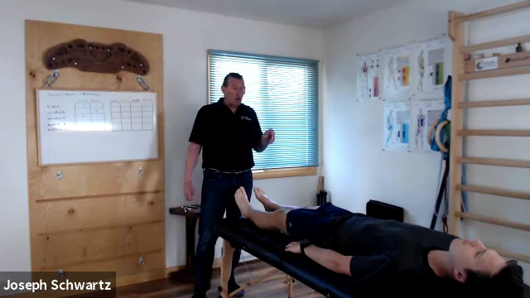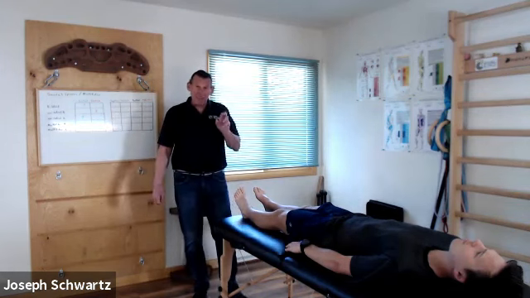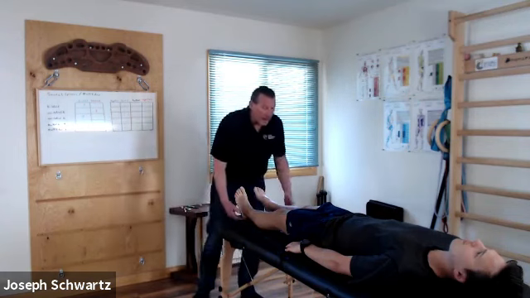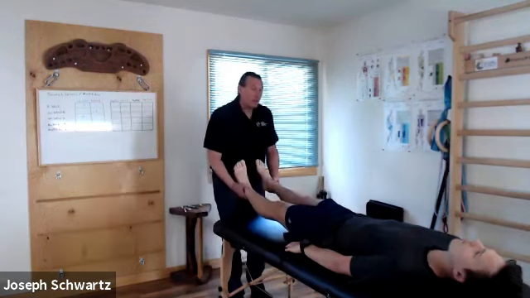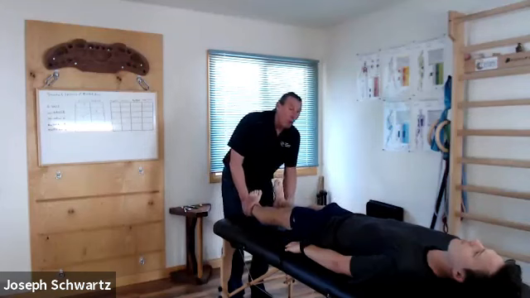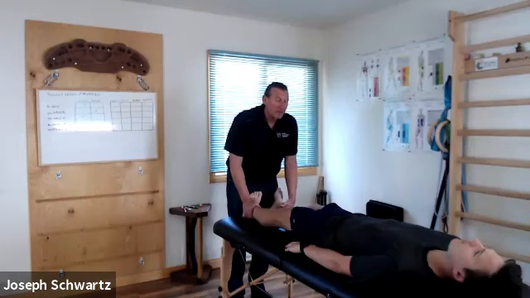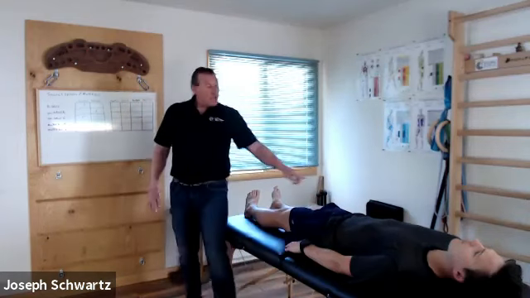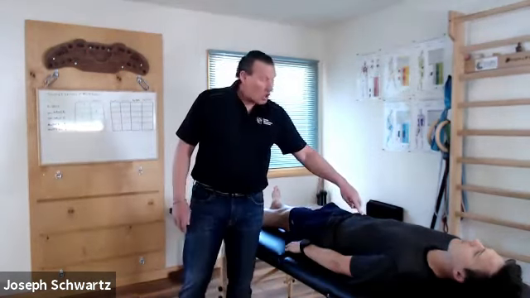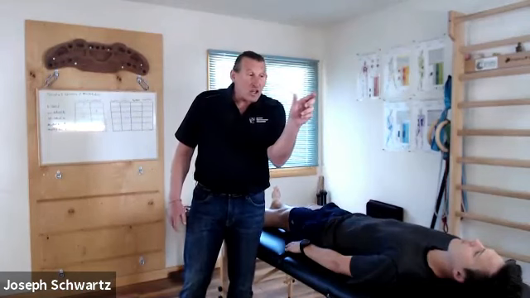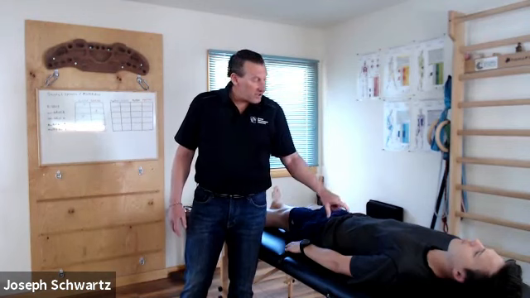Now, if we think about the multifidus as an ipsilateral rotator, if I take Tristan's legs and I rotate both legs to the right, this right leg, the multifidus is shortening. This left leg, the multifidus is lengthening.